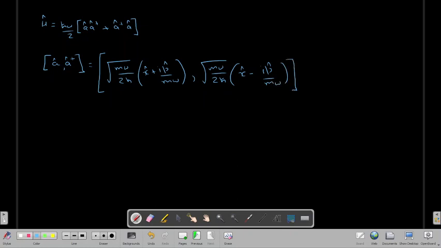Now you have to expand this entire commutator. So I will take the constants outside, so it will be m omega by 2h cross. Taking the first thing in consideration, let me write this in curly brackets.